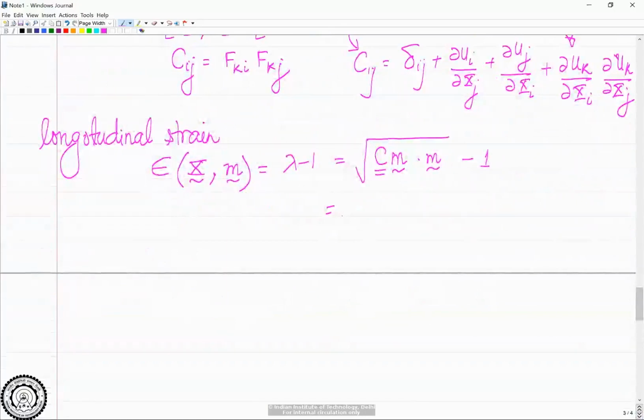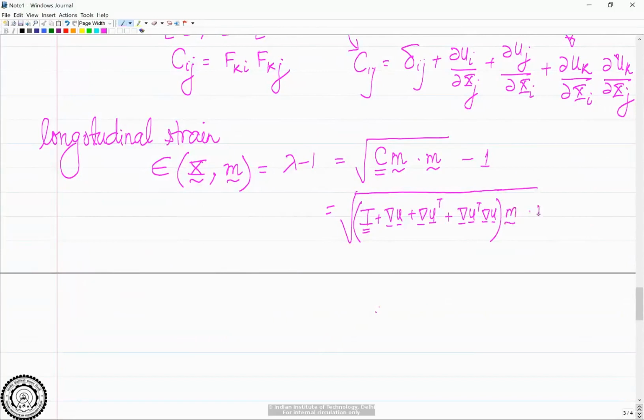Now, if I express this in terms of displacement gradients, then C is identity plus grad u plus grad u transpose plus the other term, grad u transpose into grad u. This thing then gets multiplied with m and further dotted with m, minus 1.